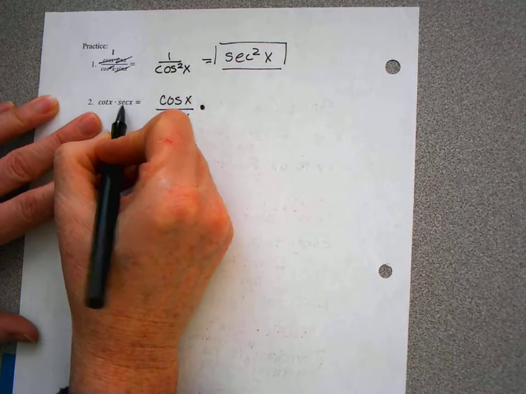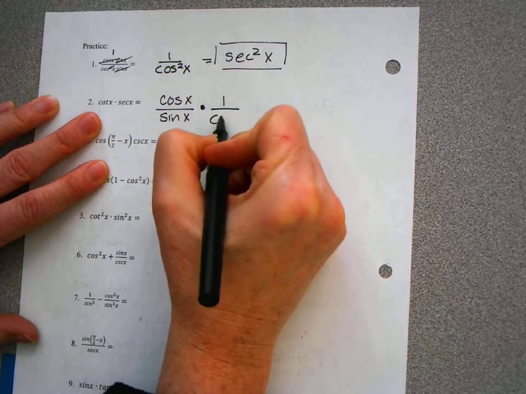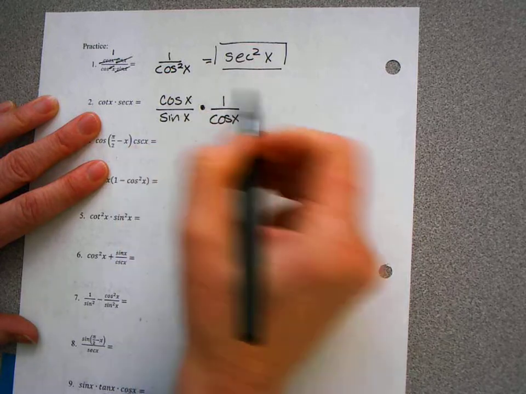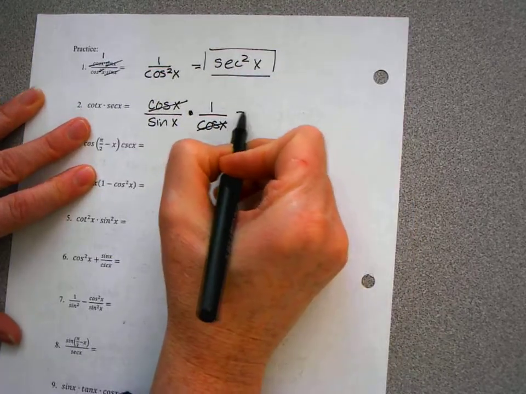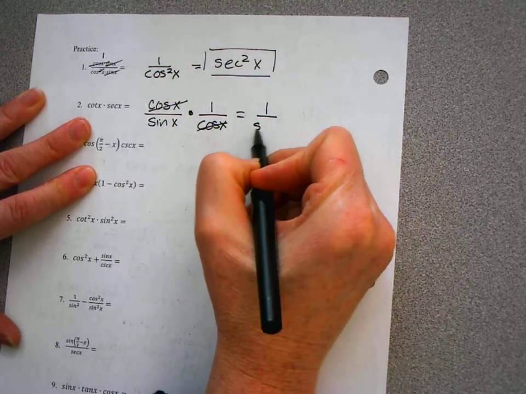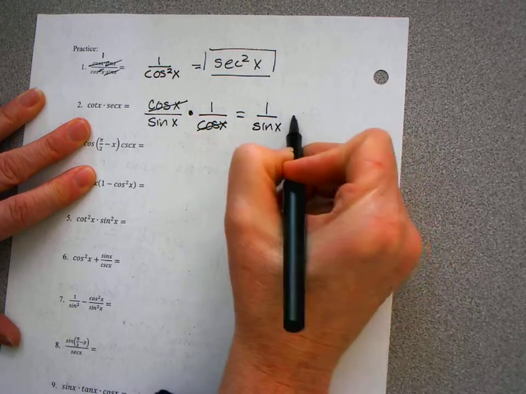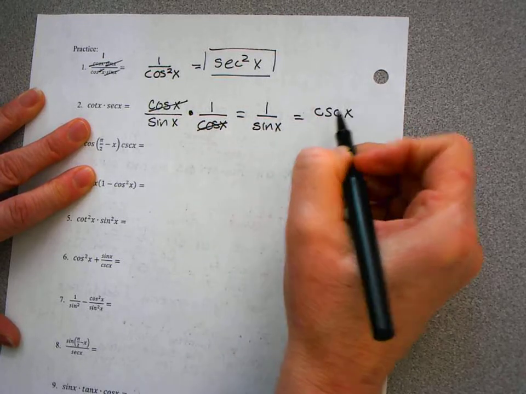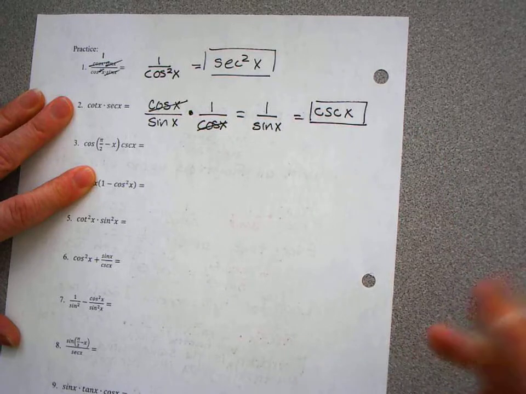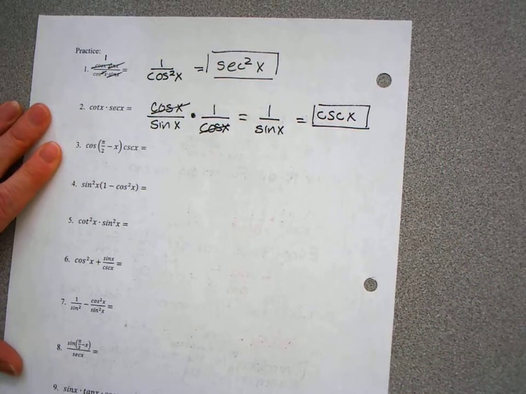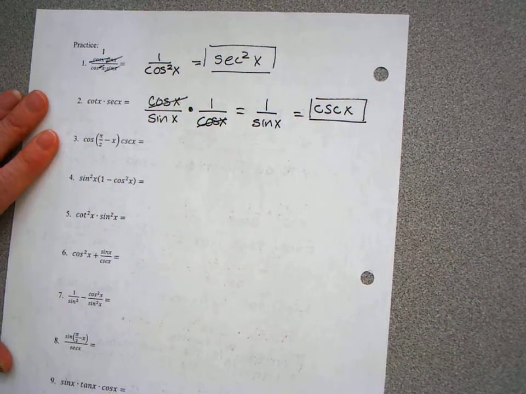Well, the reciprocal is the cosine, so 1 over the cosine of x. Now I'm going to multiply them. Cancel these, which will give me 1 over the sine of x. The reciprocal of that is the cosecant of x, and so much simpler. Okay, go ahead, keep practicing, and bring in your work and check it tomorrow.